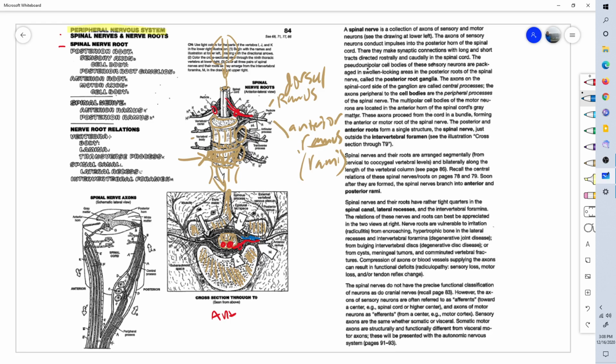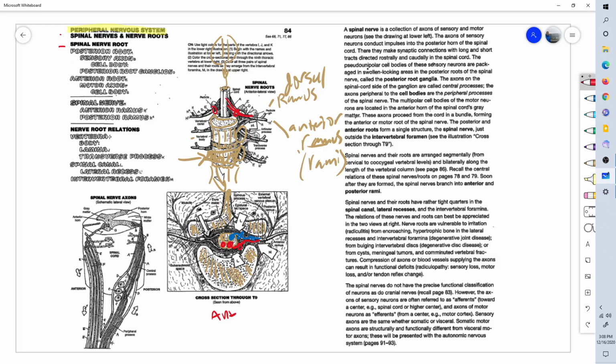And the sensory information, this afferent information, comes in through the dorsal root into the dorsal horn, or the posterior horn of the gray matter of the spinal cord.